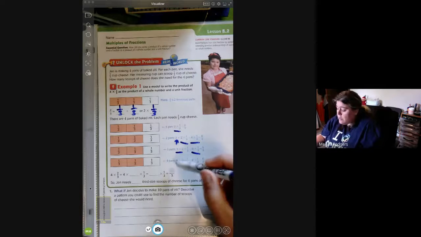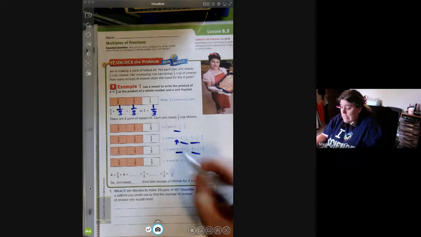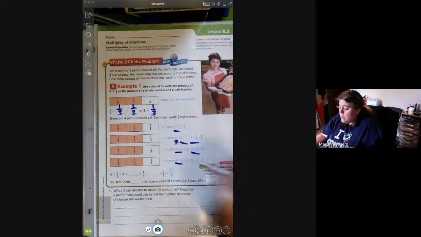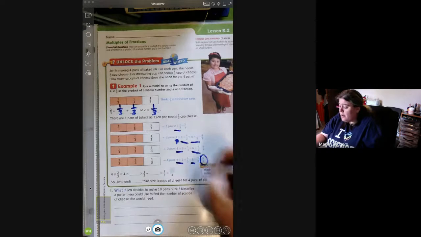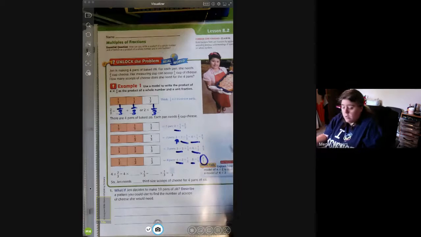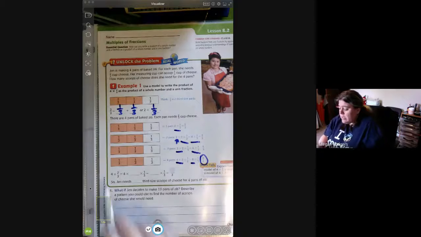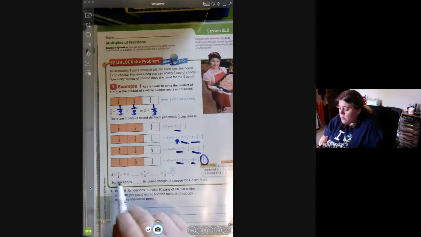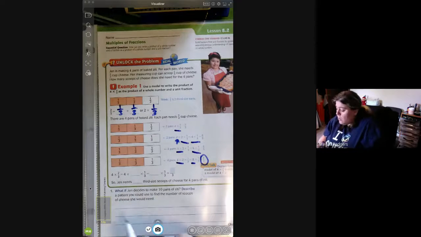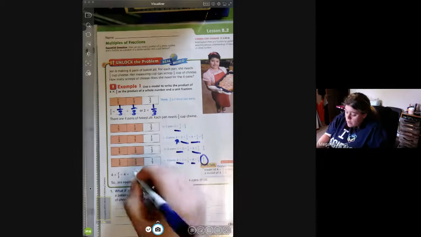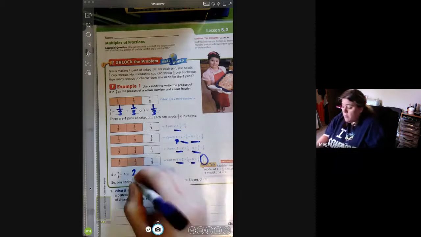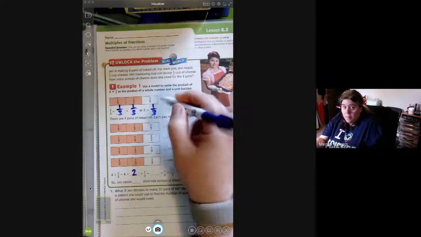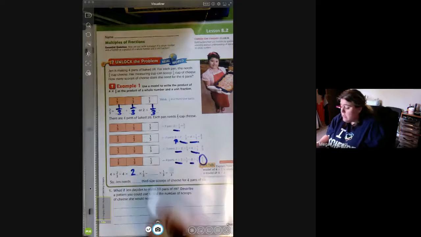So we move down to our final one, the one we actually need. And so we can do 4 times 2, which is 8. 8 times 1/3 is 8/3. So they wrote it out for us here. It says 4 times 2/3 equals 4 times 2 times 1/3. Because if you remember, 2 times 1/3 was how much 1 pan was. We have 4 pans.